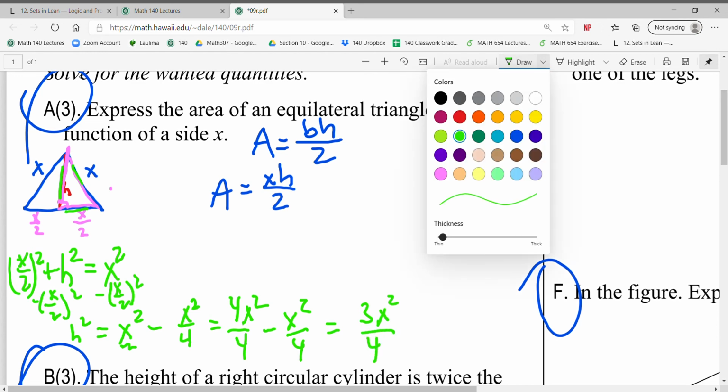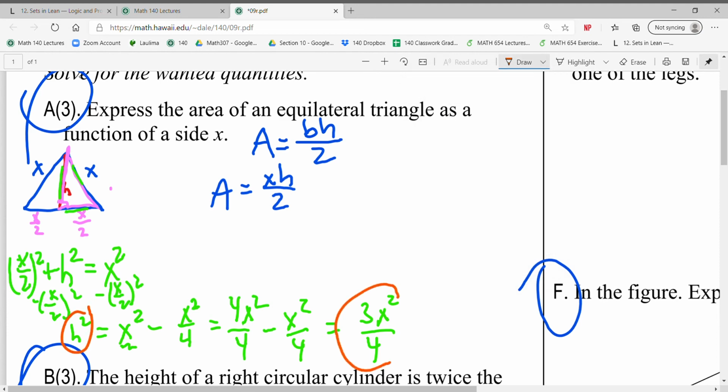Now, I know that was a lot of math, but remember, we have h squared is equal to this, which means if I take the square root of both sides, I get h is equal to positive or negative the square root of the top, which is x root 3. I get the square root of 3x squared.